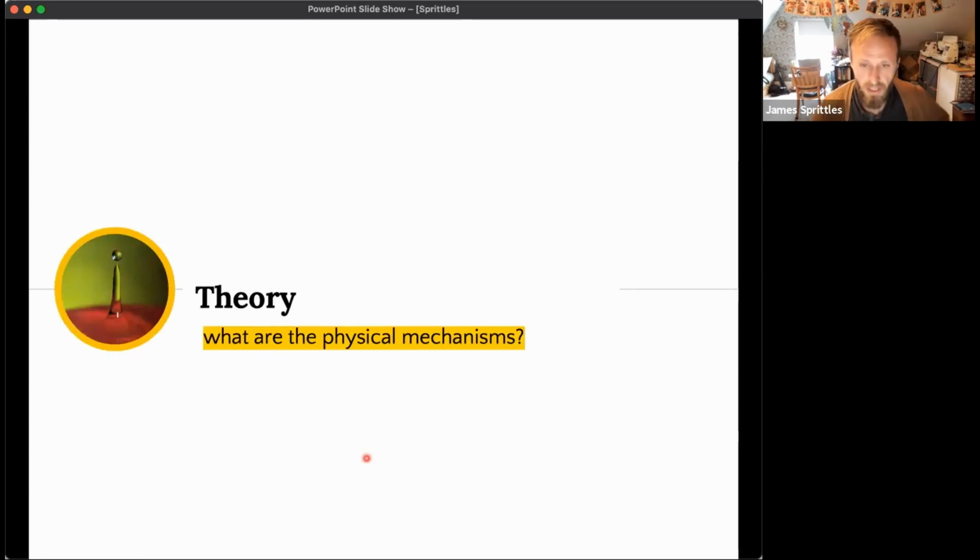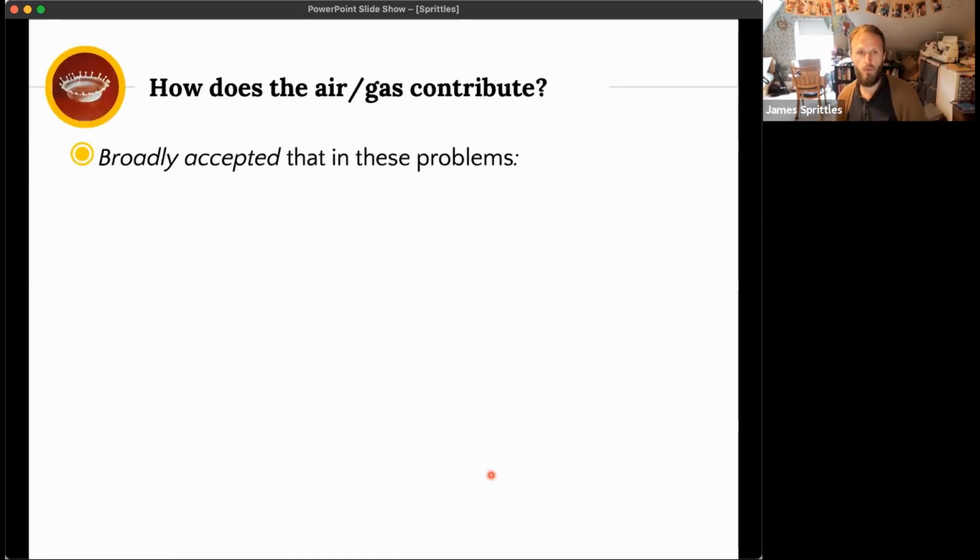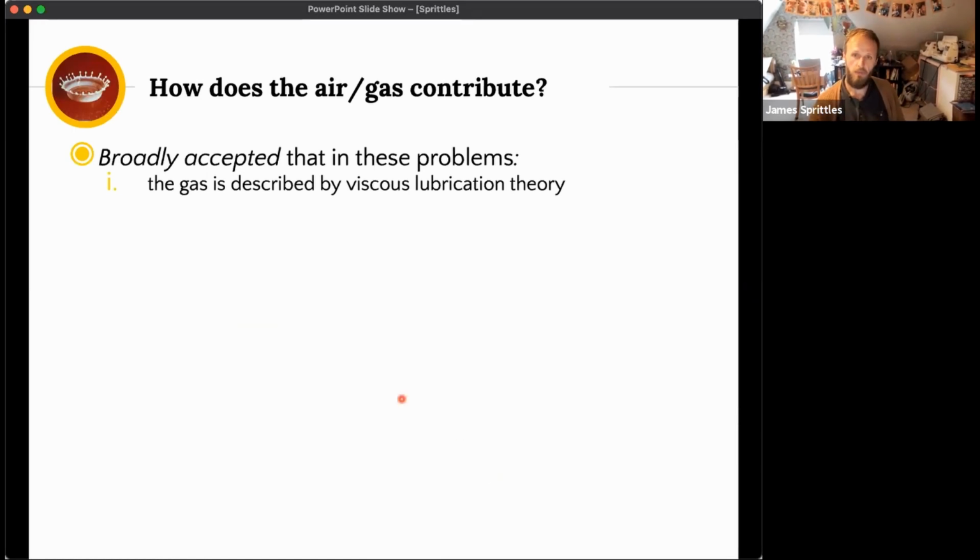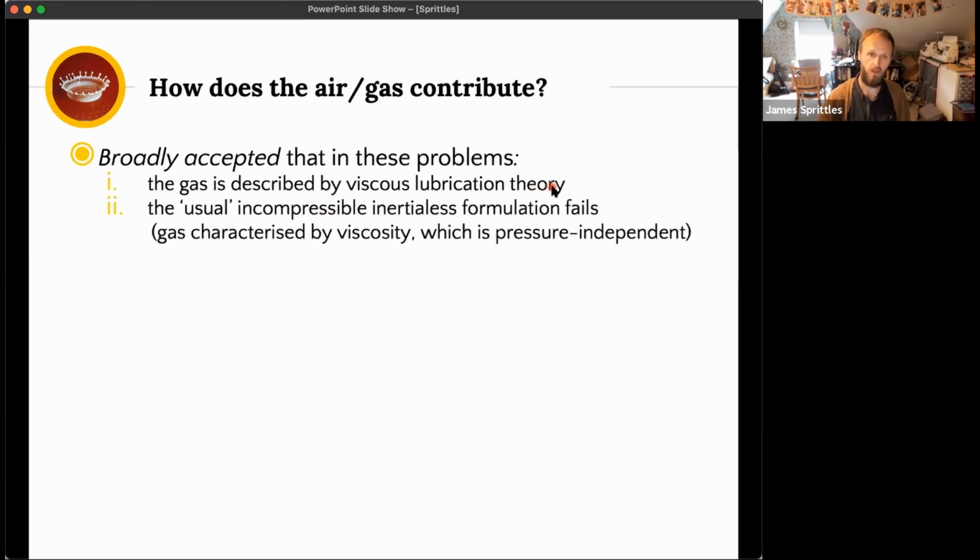Okay, so moving on to theory, what are the physical mechanisms? How can we develop mathematical models for these kinds of problems? What's broadly accepted in these problems is that you can describe the gas using viscous lubrication theory. These films are very long and very thin, and so lubrication theory typically does a good job of describing them.